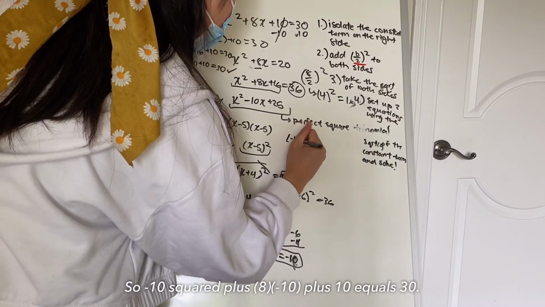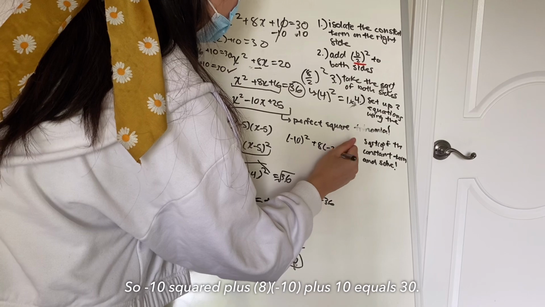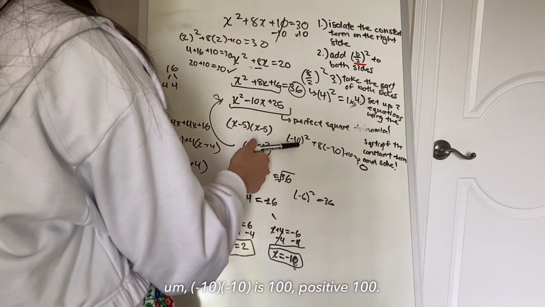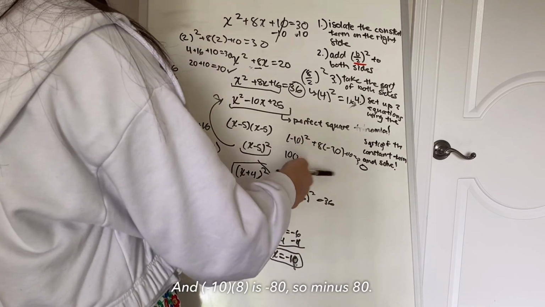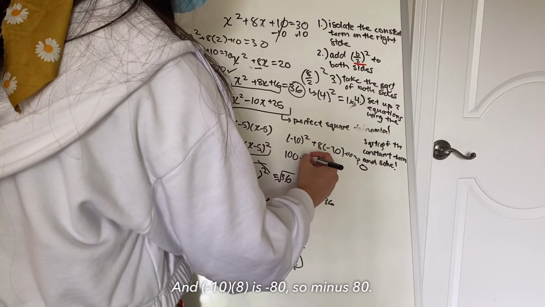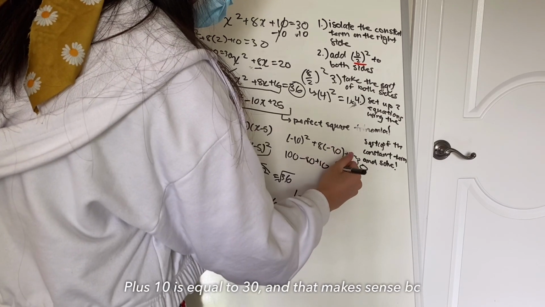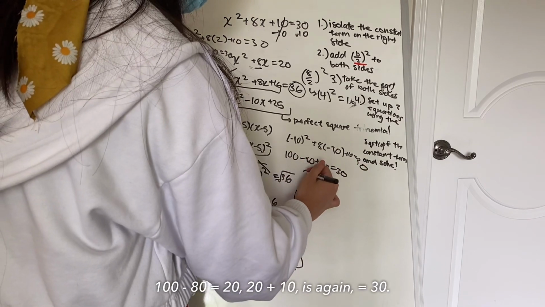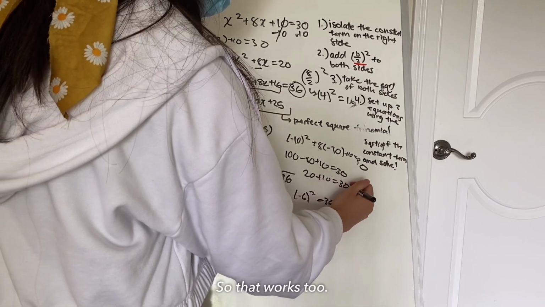Negative 10 squared plus 8 times negative 10, plus 10 equals 30. Negative 10 times negative 10 is positive 100, and negative 10 times 8 is negative 80, so 100 minus 80 is 20, plus 10 is again equal to 30, so that works too.